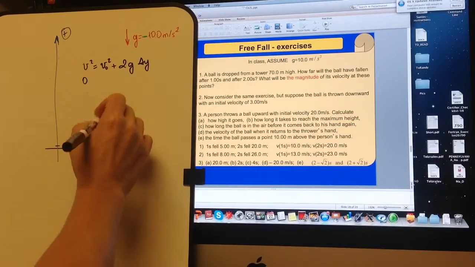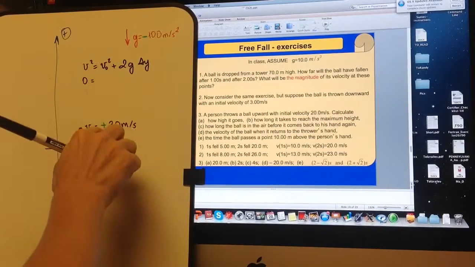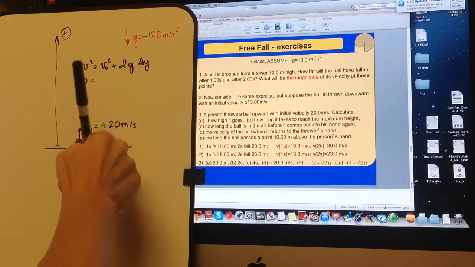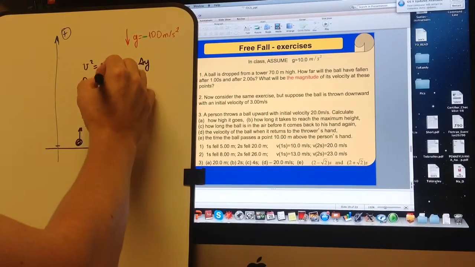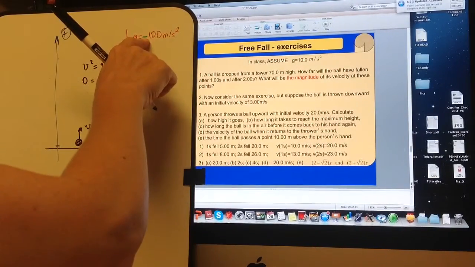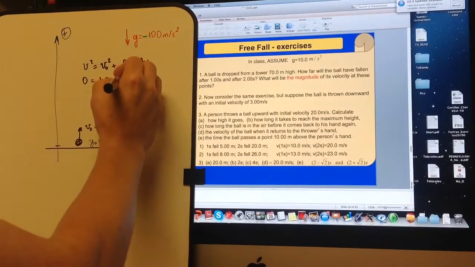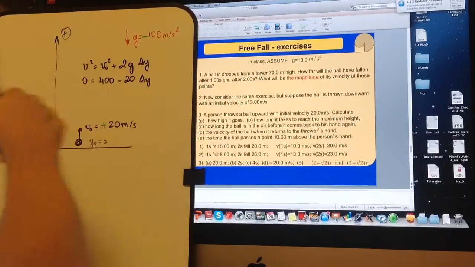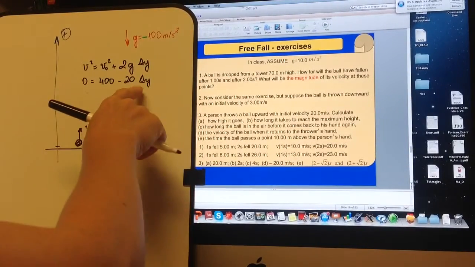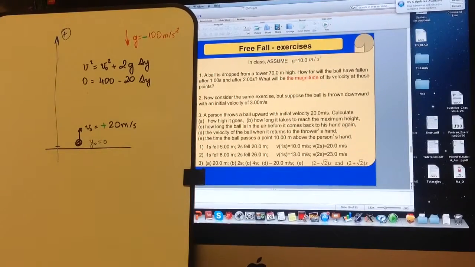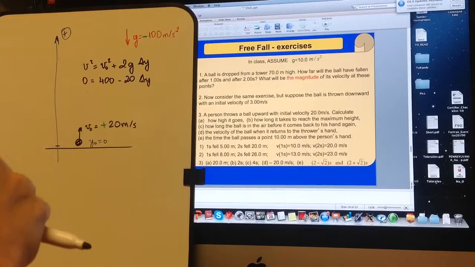What is the velocity at the initial point? That is not 0, because otherwise we would never go up. In this case it is 20, and 20 squared is 400. What is g? It is negative, so be careful with that. Here we get minus 20 delta y. From here you will finally get how far we traveled: 20 meters.